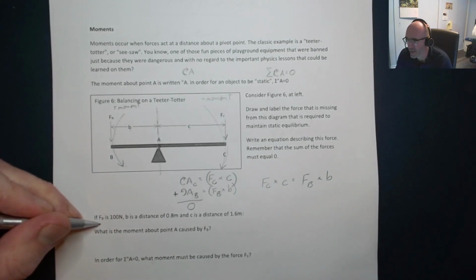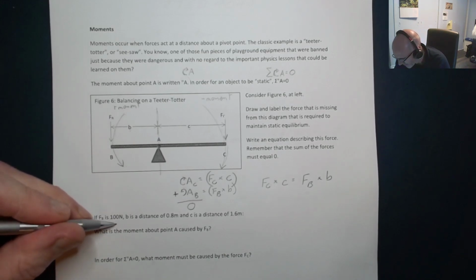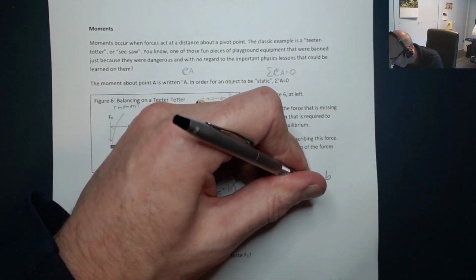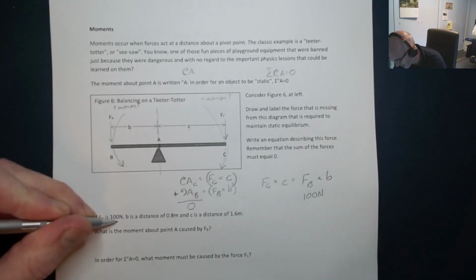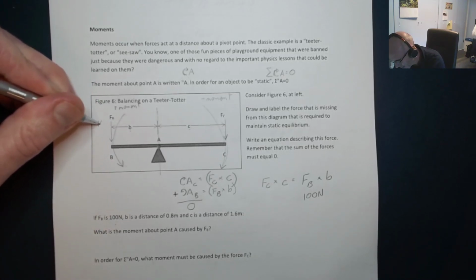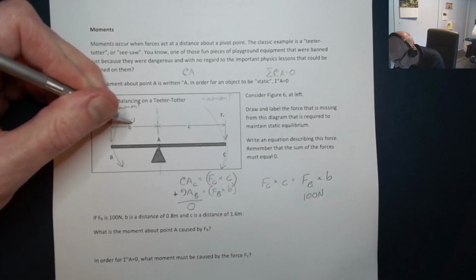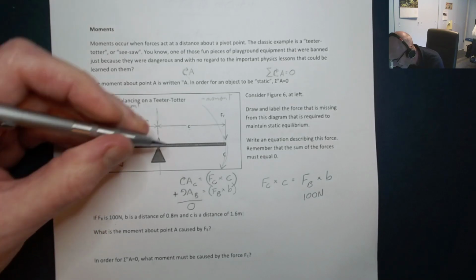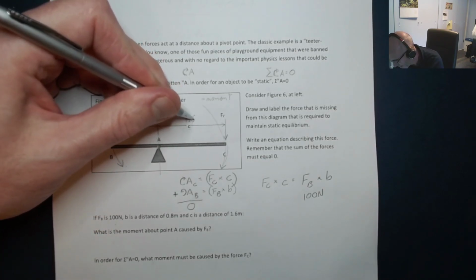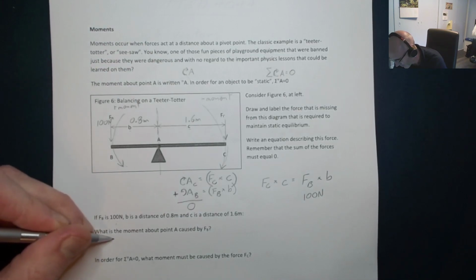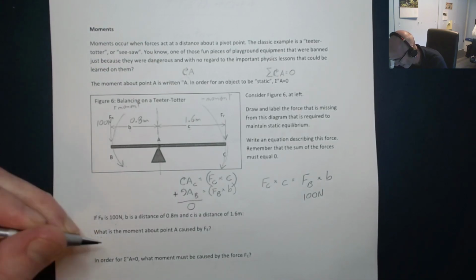But let's take a look at putting some real numbers into here and solving this for real. So if FB is 100 newtons at a distance of 0.8 meters, and C is a distance of 1.6 meters, what is the moment about point A caused by FB?